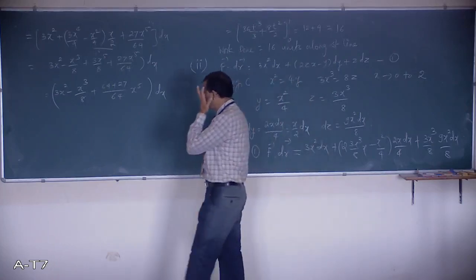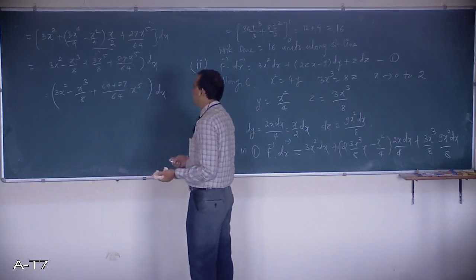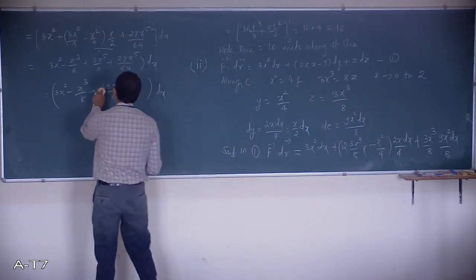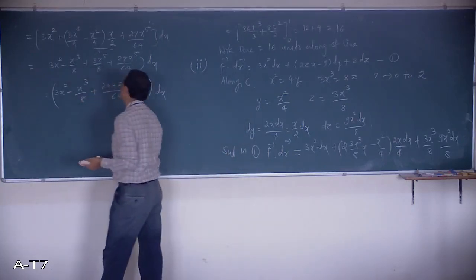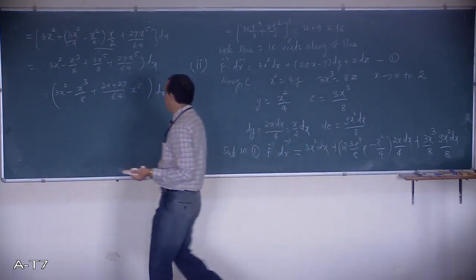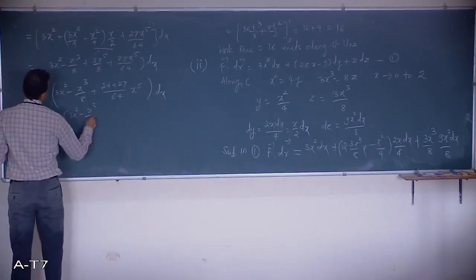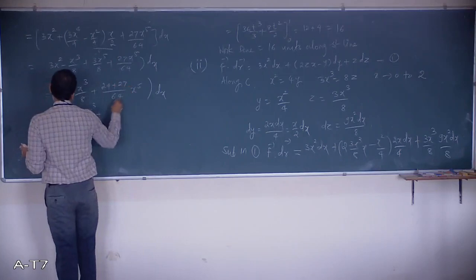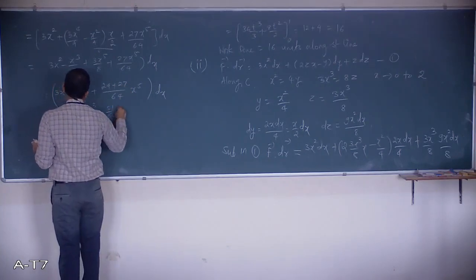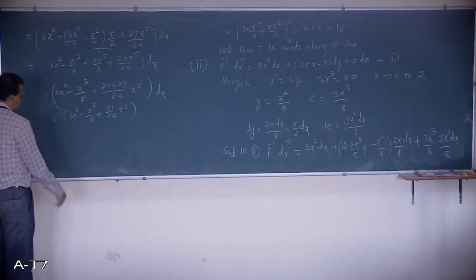So is it correct or a mistake? So 64 is LCM. It will give you 3x² minus x³/8 plus 51x⁵/64. I think it can be further broken down. Is it divisible by both? No.